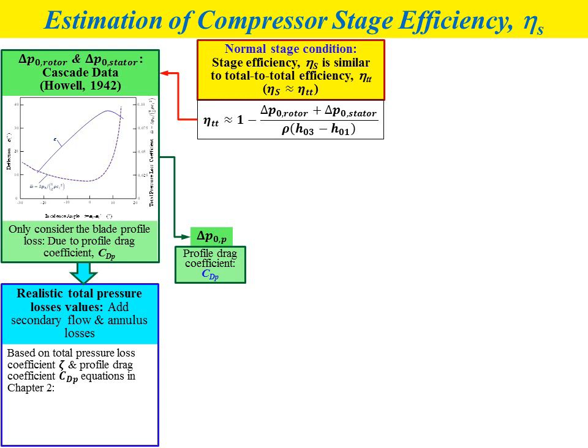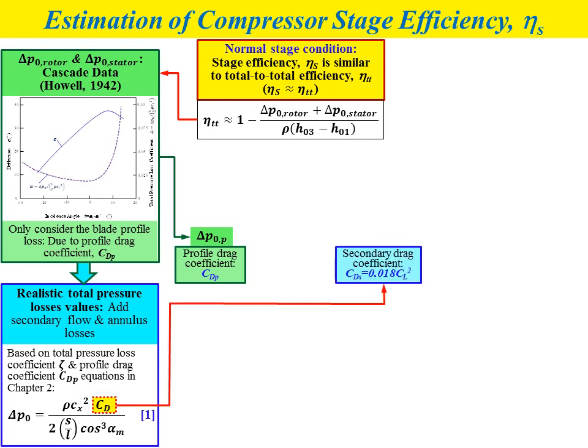Based on the total pressure loss coefficient zeta and the profile drag coefficient CDP equation in chapter number 2 that we have learned, we obtain this formula, represented by equation number 1: delta p naught equals rho Cx squared multiplied by CD, the drag coefficient, divided by 2, multiplied by S over L cos cubed alpha m.